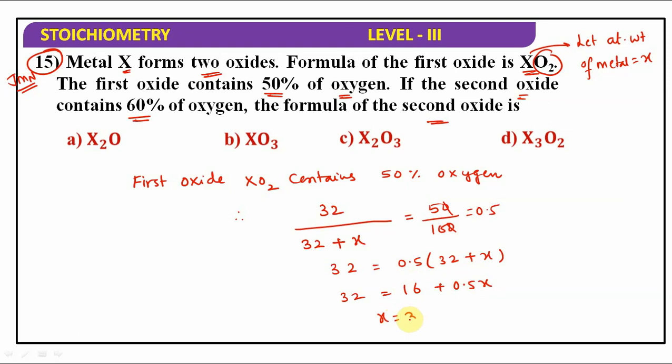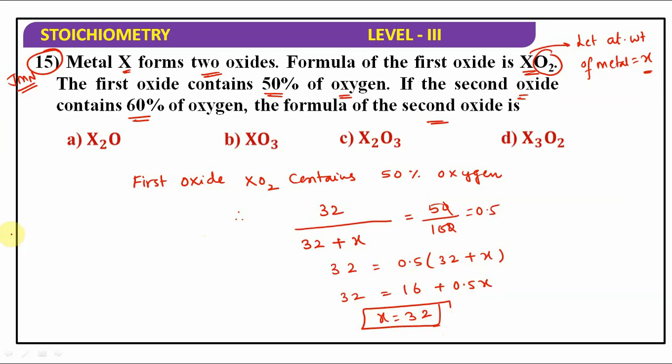So X will be 32 if you solve it. Means atomic weight of metal X is equal to 32, right?